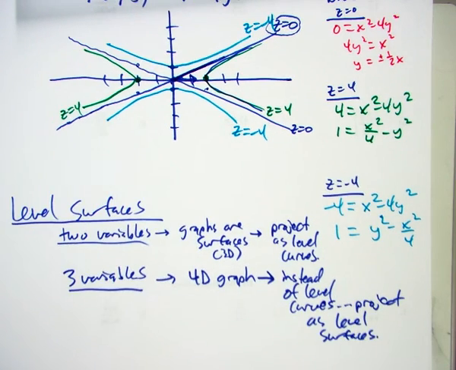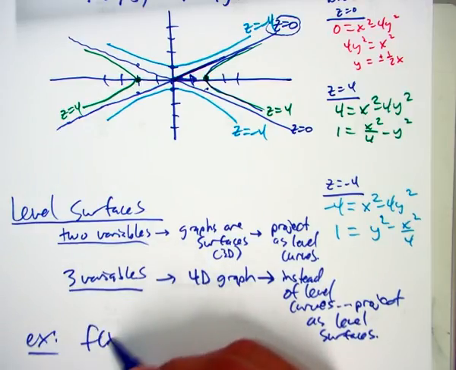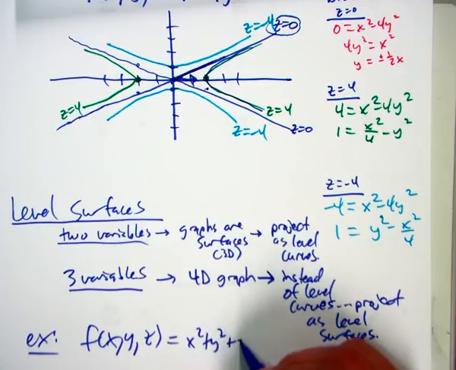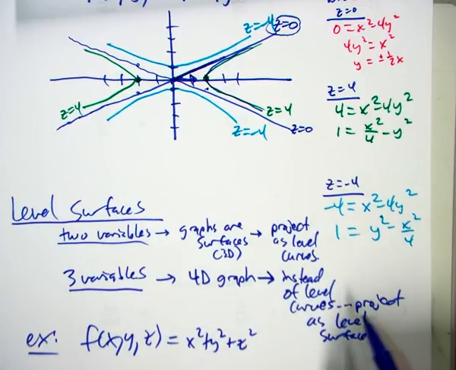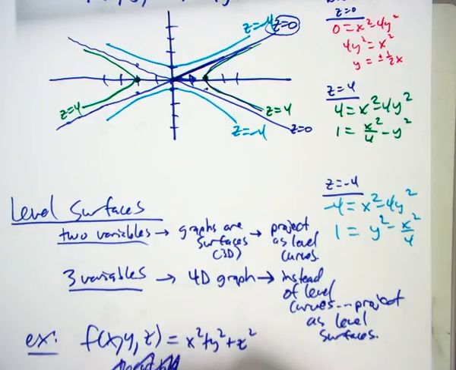So real quick, let's say we have f of x, y, z equals x squared plus y squared plus z squared. And I want you to describe the level surfaces. I can't write today.